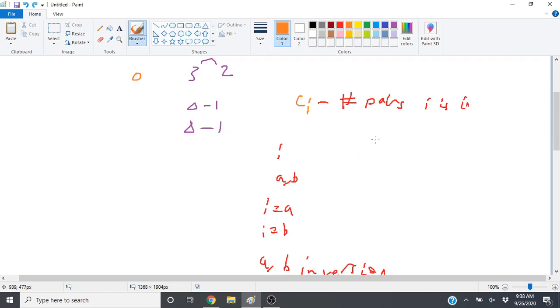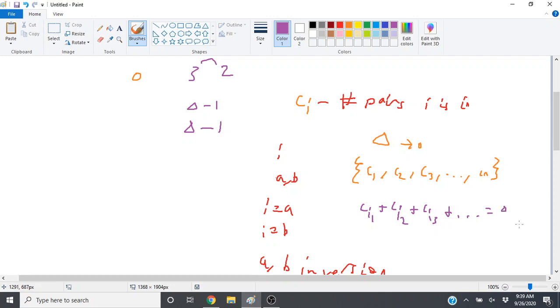Why is it useful? Because we want to make delta 0, and all we can do is subtract some subset of Ci to make it so delta becomes 0. This is equivalent to saying we're going to take some subset of Ci, like Ci1 plus Ci2 plus Ci3, this is our subset, that equals delta.